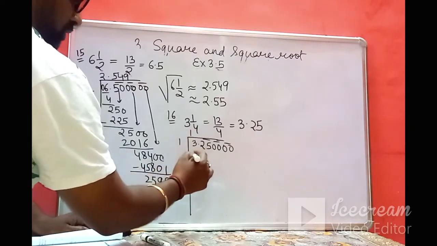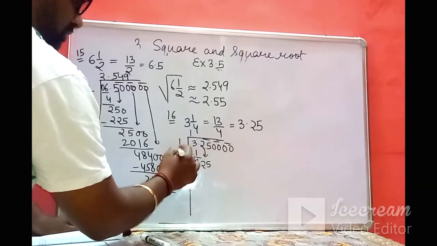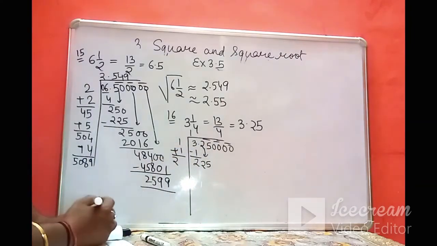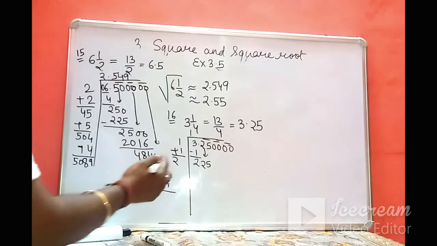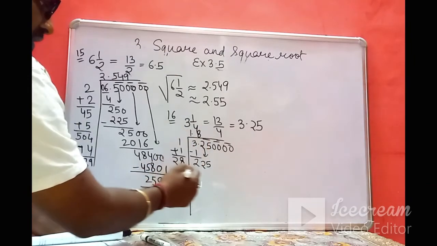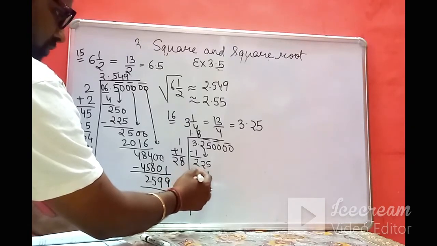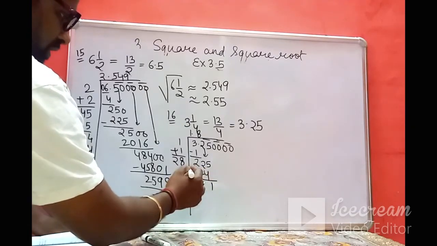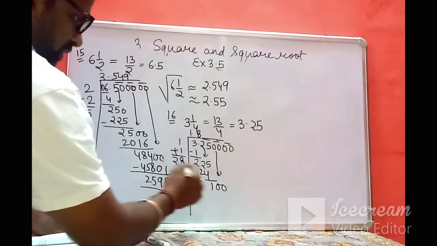Then 1 into 1 is 1, 2, then 25 plus 1, 2. Then I will take 8 here. So 8 into 8, 64. 6, 8, 2 is 16 and 6, 22. So 1 will come here and this 100 is going to come here.